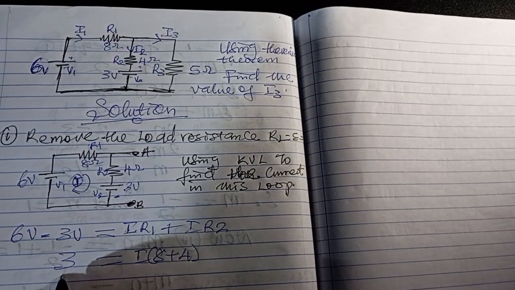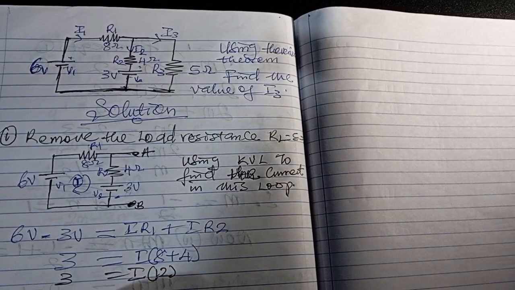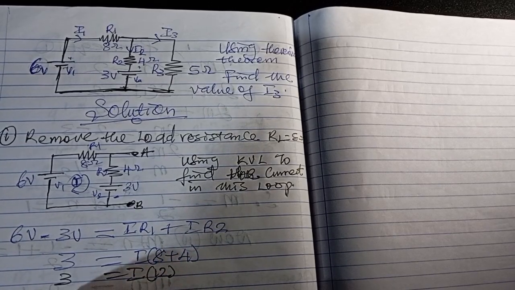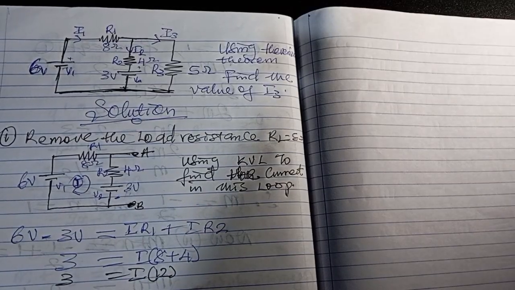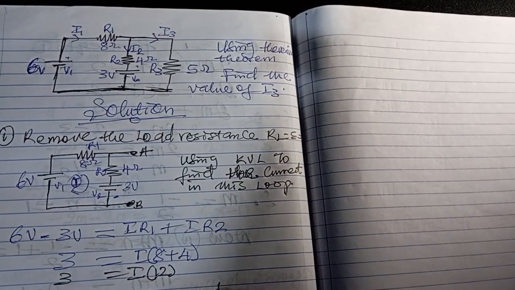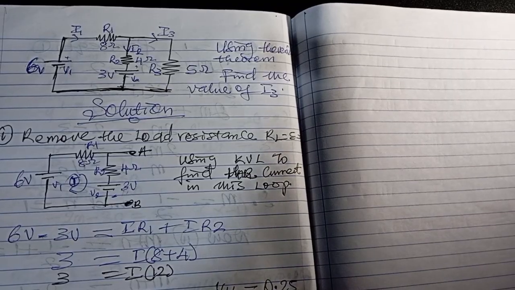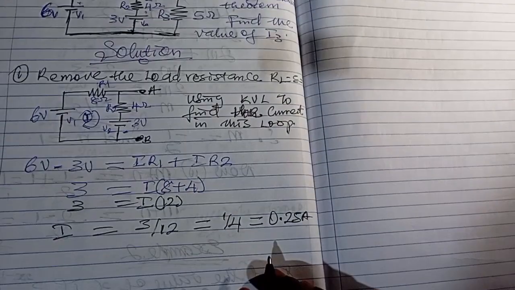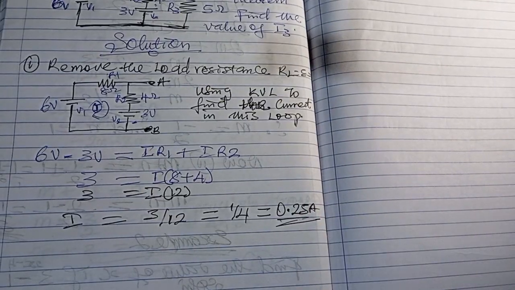So we can have 3 is equal to I multiplied by 12. Now find the value of I. I is equal to 3 divided by 12, which will give us 1 over 4, and 1 over 4 is the same as 0.25 ampere.